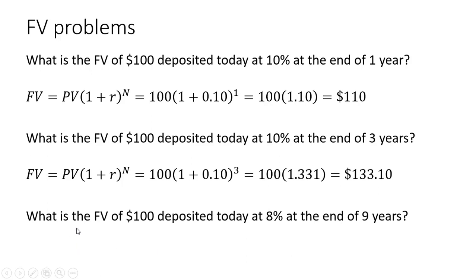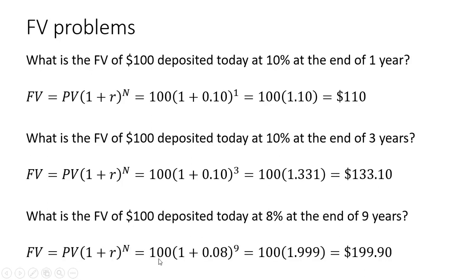Another example. What is the future value of $100 deposited today at 8% at the end of 9 years? So $100 is our deposit. 8% enters as 0.08 at the end of 9 years. So this is going to be raised to the 9th power. Simplifying that, we almost get $200.